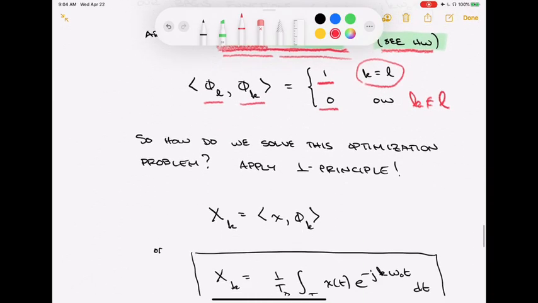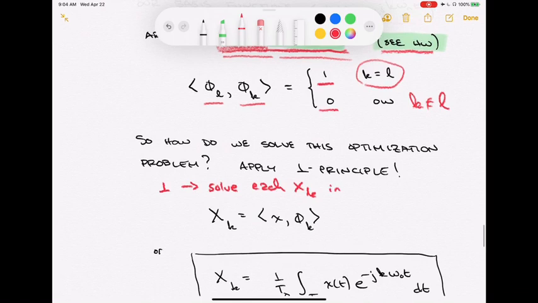So how do we solve that optimization problem? We apply the orthogonality principle. Because they are orthogonal, we can solve for each x sub k individually. Because of the normal part, normally even when we had just the orthogonal part, we get x of k as the inner product of x with phi k over the size of phi k squared.